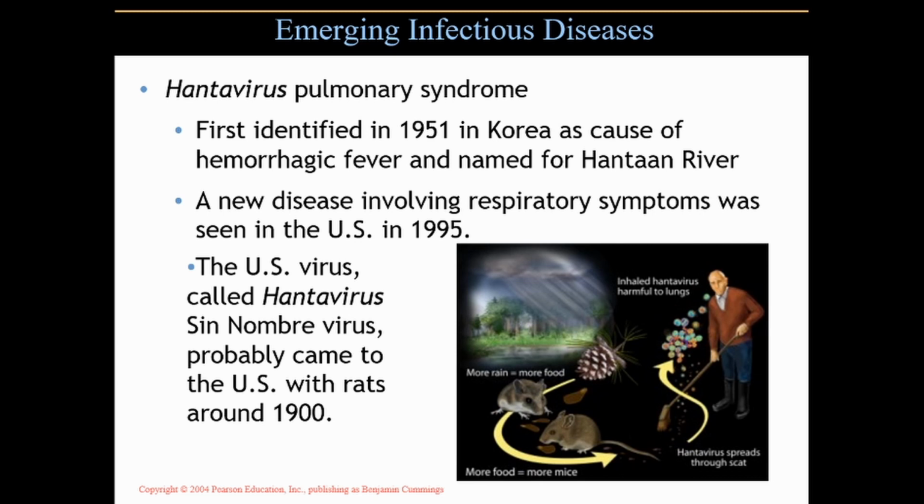You're sweeping it up. What happens is then the dried fecal matter becomes airborne, carrying the viruses with it. You then breathe it in, and then you develop hantavirus pulmonary syndrome. So it's a respiratory symptoms.